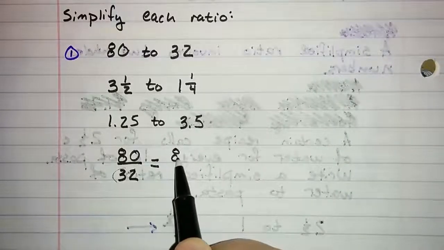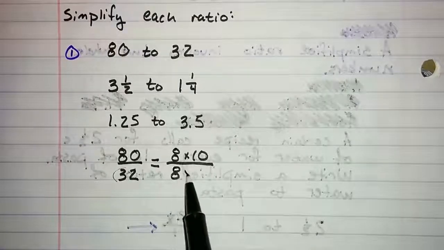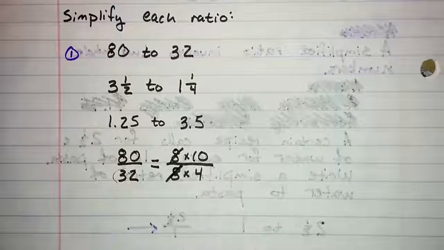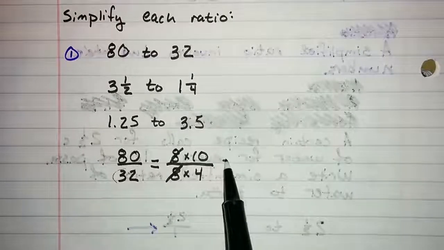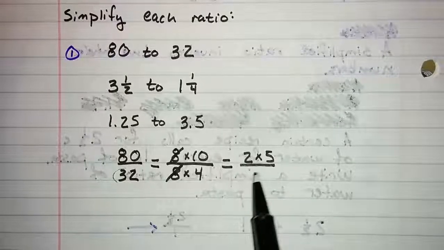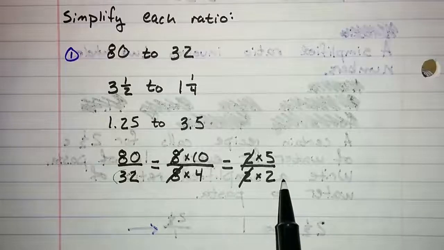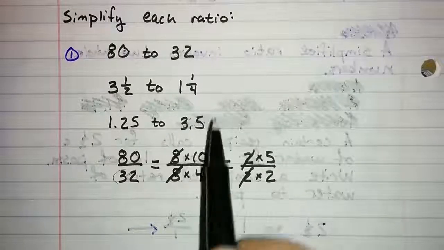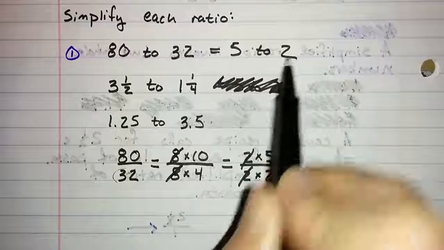So 80 is 8 times 10. 32 is 8 times 4. Cancel the 8. And now I notice that 10 and 4 still have a common factor. 10 is 2 times 5. 4 is 2 times 2. And that's all that's left. So I'm left with 5 over 2, or 5 to 2.